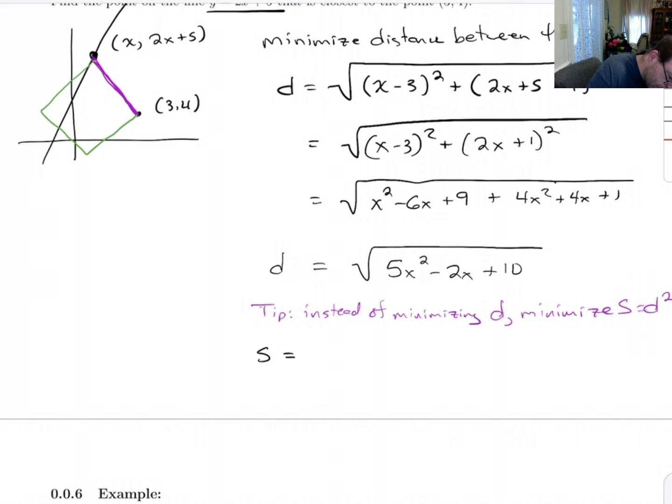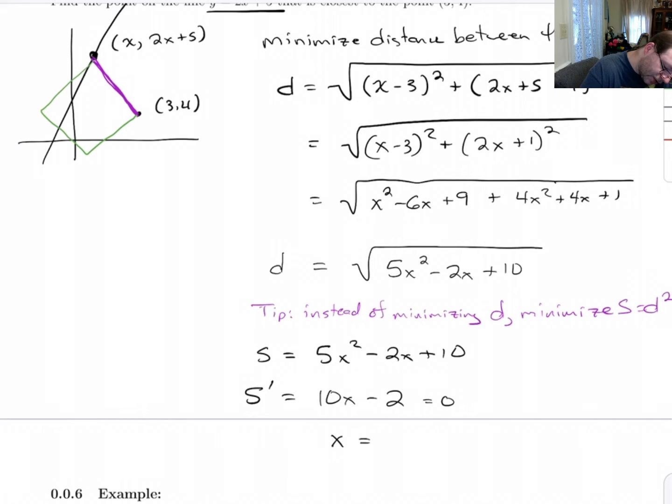S then is going to be 5x squared minus 2x plus 10. That's going to be a whole lot easier to minimize because we don't have that square root on there, and it's going to give us the same value of x. So if I take the derivative of this, S prime is going to be 10x minus 2. If I set that equal to 0 and solve, 10x is 2, so x is 2 over 10, or 1/5.